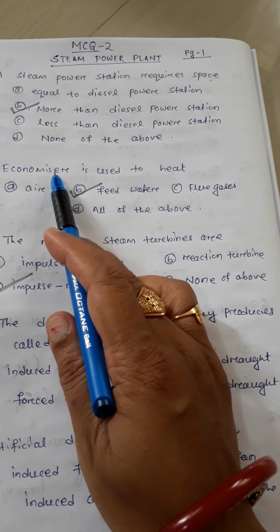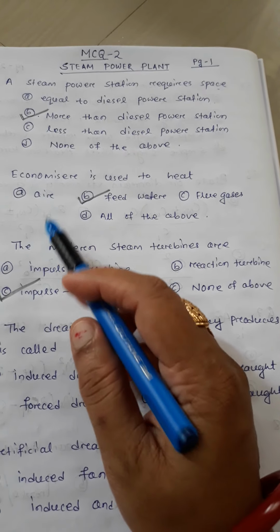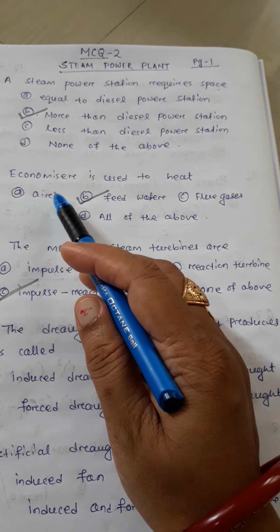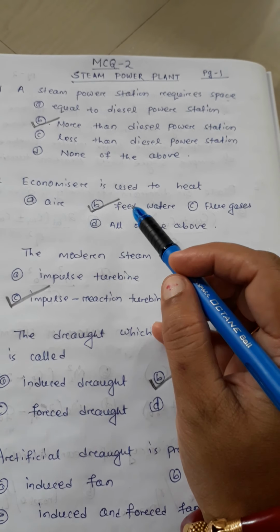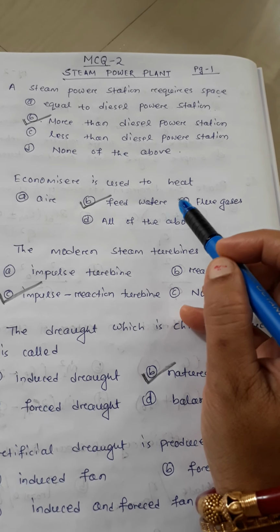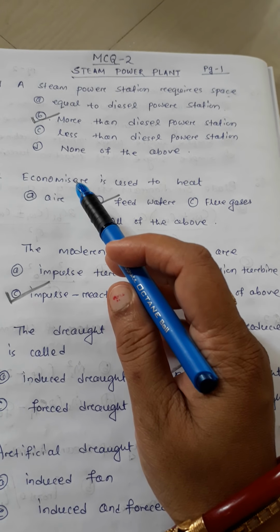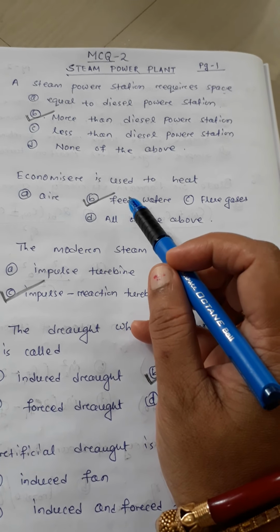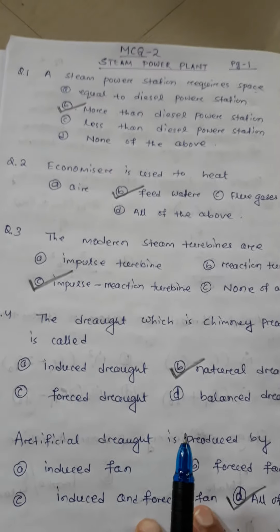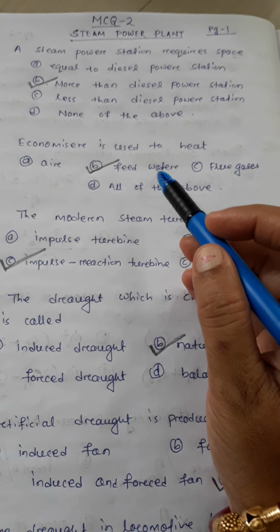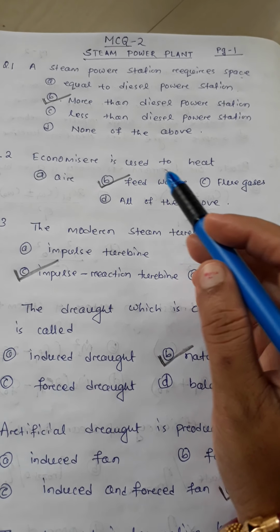Economizer is used to heat the feed water that is going to the boiler. Before entering the boiler, by means of economizer we heat the feed water, so that less heat is required in the boiler to heat the water. By that we will be able to increase the efficiency of the boiler. Okay.